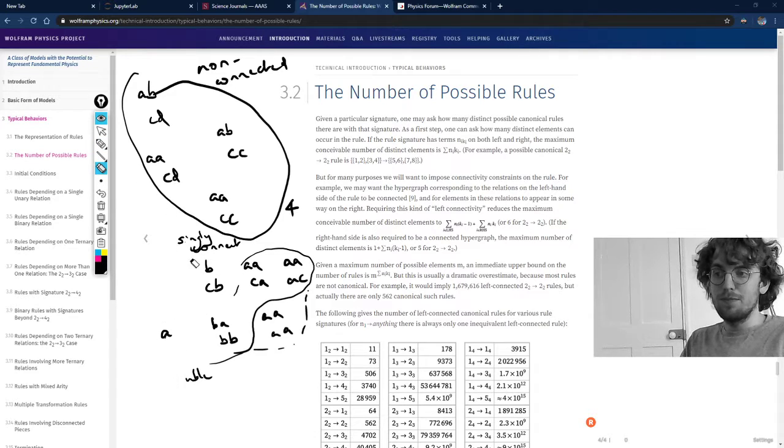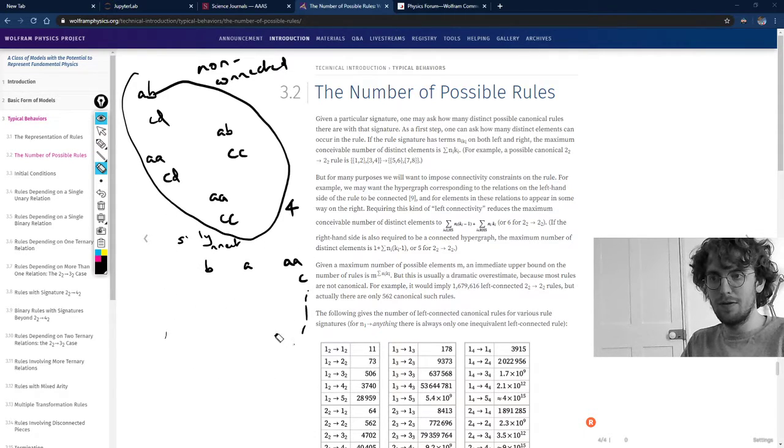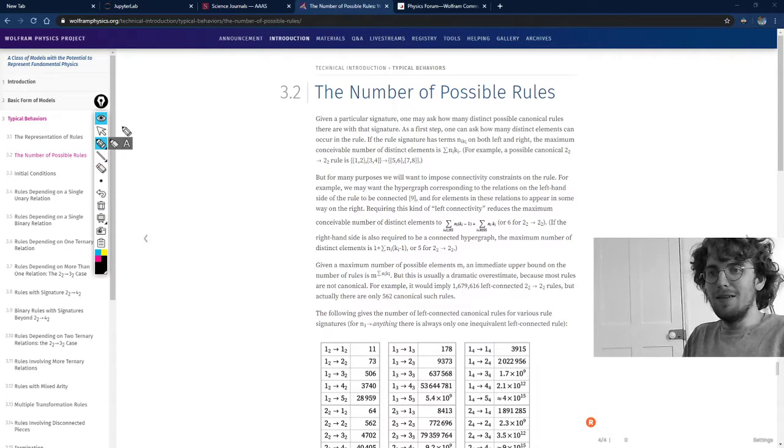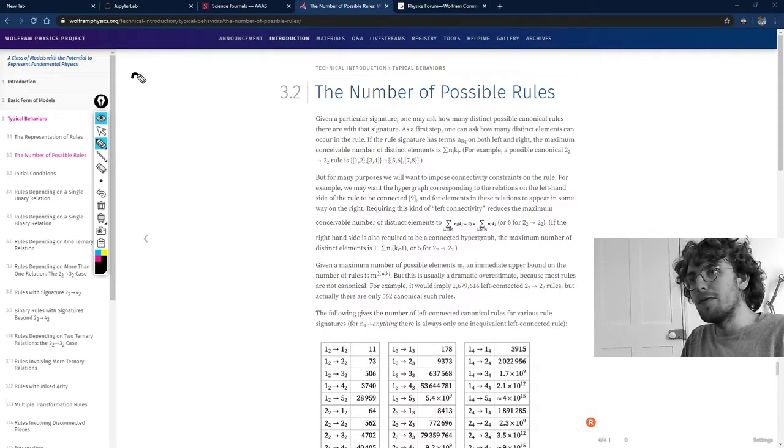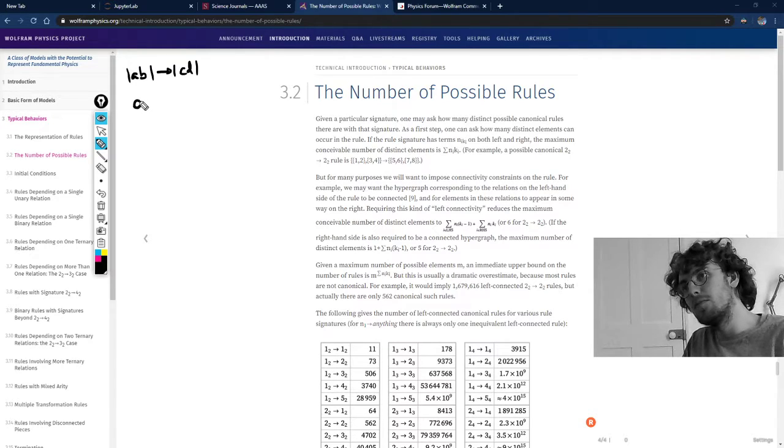Let's draw them all out. AB, I'm going to struggle to draw curly brackets on here, so I'm just going to do straight. Goes to CD is 0, 1. Can use big arrows for transitions.